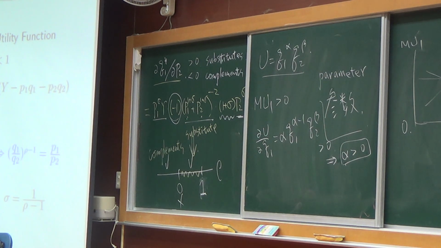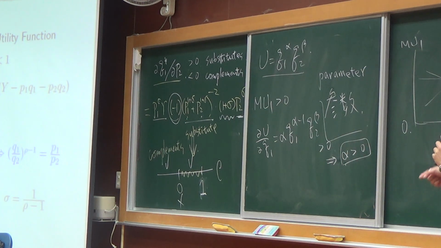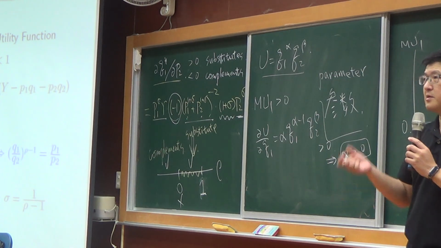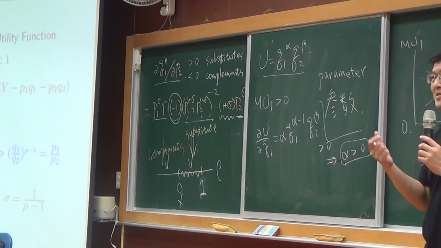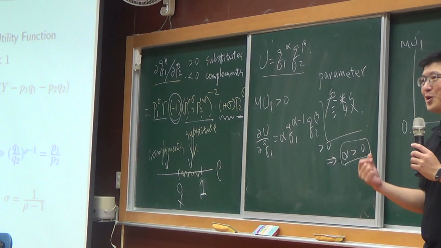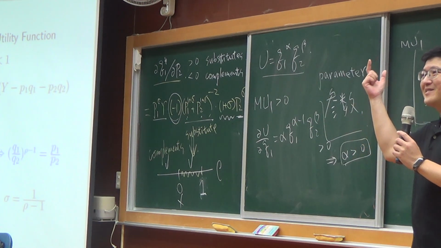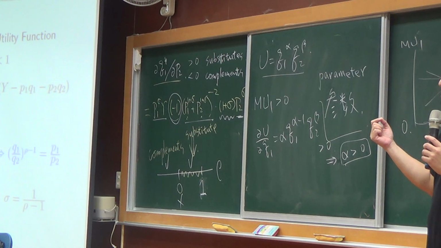So the more we consume a good, all of them are positive, so they are good. But the more you consume, the marginal utility should be lower and lower, or higher and higher, or just remain constant. What do you think?